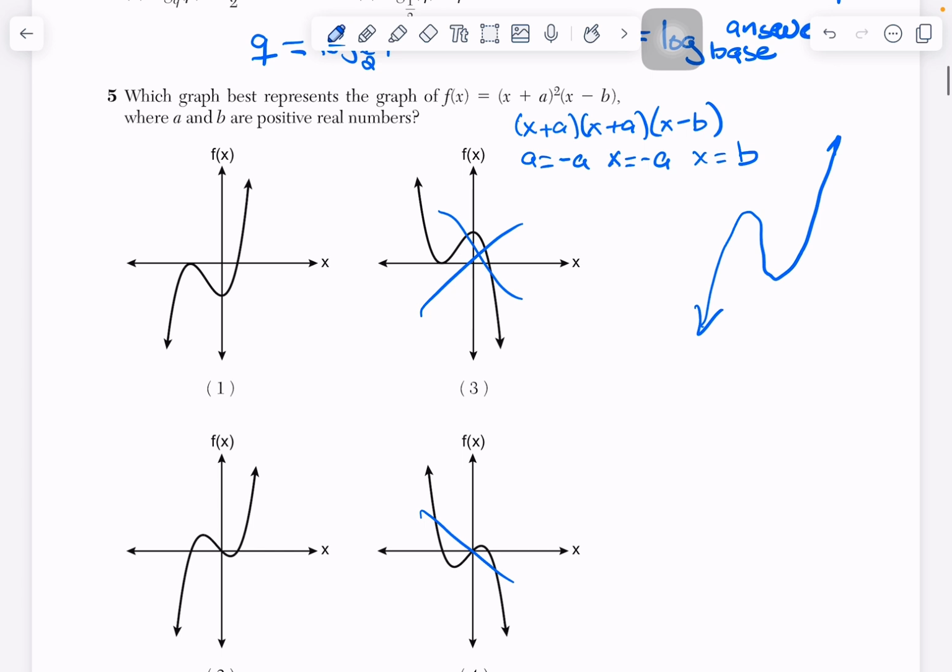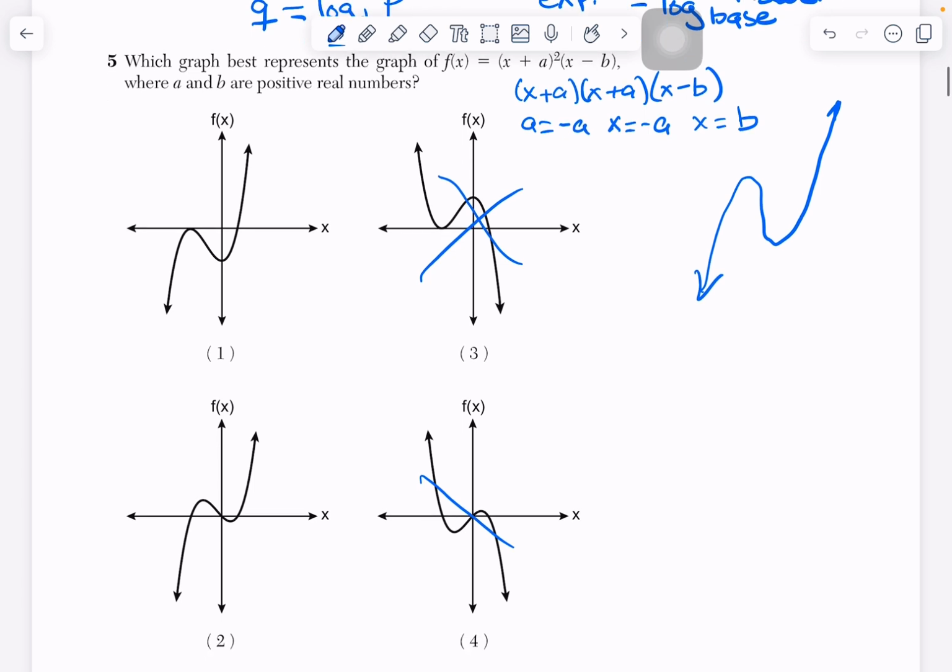Since there's two -a's, that means it's tangent there. And this is the one that's tangent. It just touches a negative number and then it goes back down. This one has 3 different roots, not a tangent. So this would be -a here, and there's 2 of them, and this point here would be positive b. So this one is number 1.